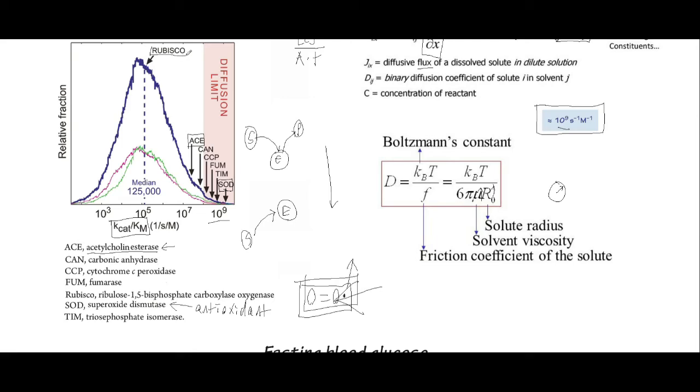Rubisco up here, we won't talk about that much in our videos on nutrition and metabolism because this is a plant enzyme, and it has the distinction of being the most abundant enzyme in the world. It is the enzyme that plants use to fix carbon dioxide. So when plants are taking in carbon dioxide, this is the enzyme that it's actually using to fix it.